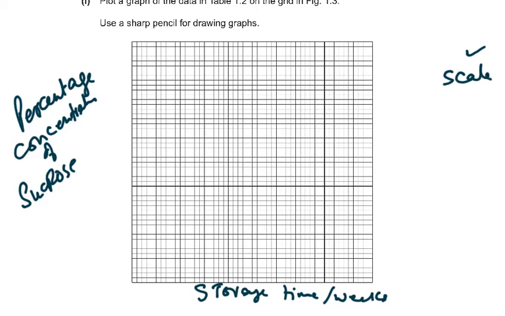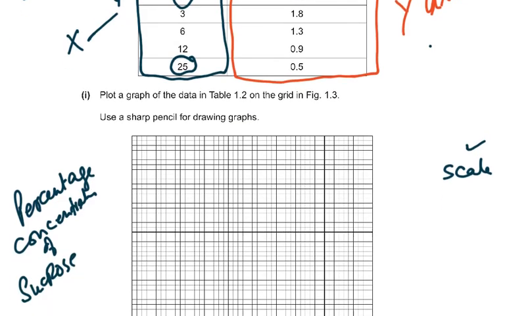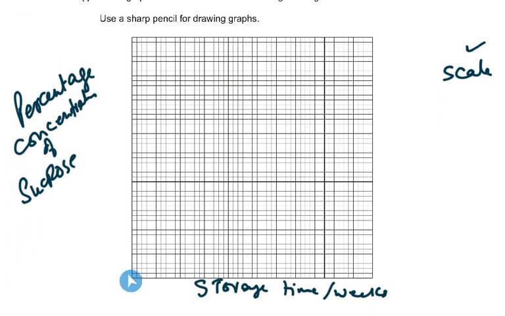Now you've got to understand how you're going to take the scale. It's very easy if you understand one important thing: you have to look at what is the least, here 0, and 25. So on the x-axis you've got to have 0 here, and somewhere sort of 25 at the end.